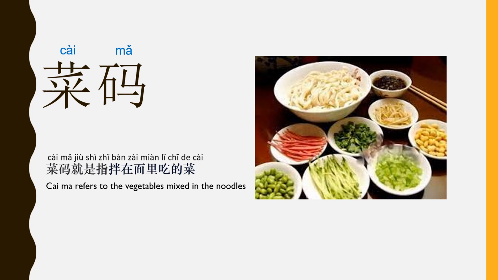So it's quite similar to the verb that we just learned, right? 码菜. In that word, 码 is a verb. And in here, 菜码, it's a noun. So it refers to these well-cut vegetables next to the noodles. You are supposed to mix them together and then eat.